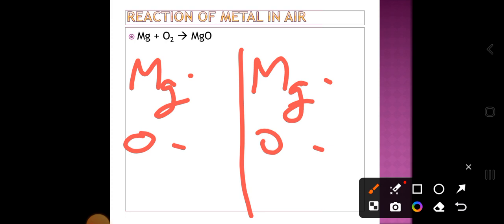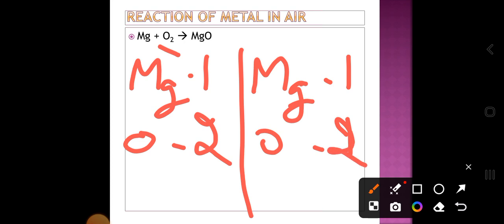Now coming back to the reaction, magnesium plus oxygen giving MgO. Here magnesium has one atom on each side, so it's balanced. But have a look at oxygen. Oxygen is two atoms on the reactant side and one atom on the product side. So if I write 2 MgO, it will balance oxygen.